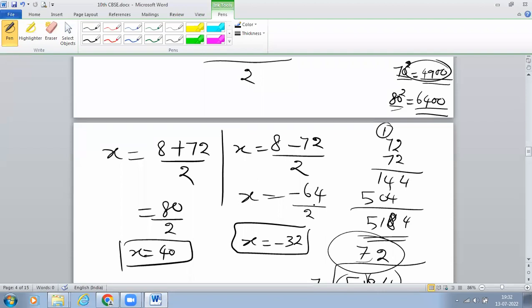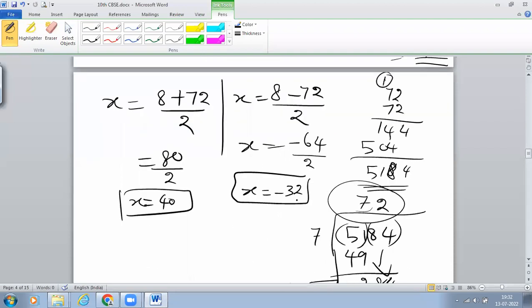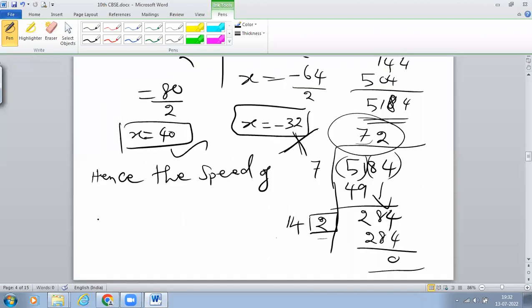So here the speed of the train cannot be negative, so we have to avoid this. x is equal to minus 32 is not possible because speed cannot be negative. Hence the speed of the train is 40 km per hour.